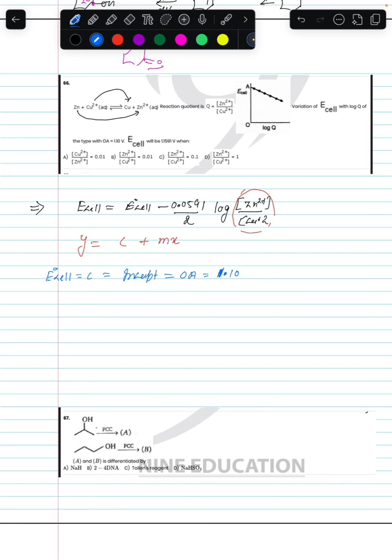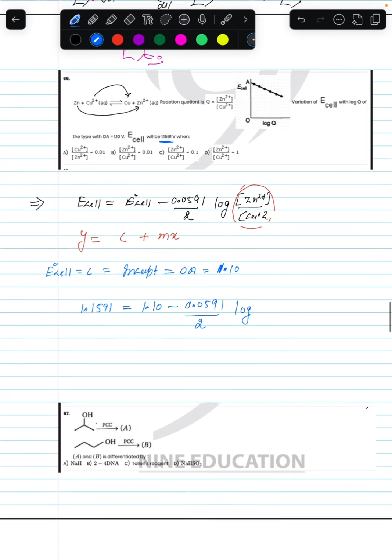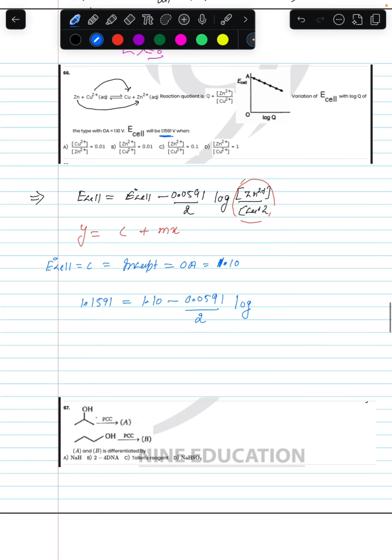Now in this question, E cell is given as 1.1591. E naught is 1.10 minus 0.0591 upon n value 2 into log of the reaction quotient, which we have to find, that is the concentration of Zn2 plus divided by the concentration of Cu2 plus.